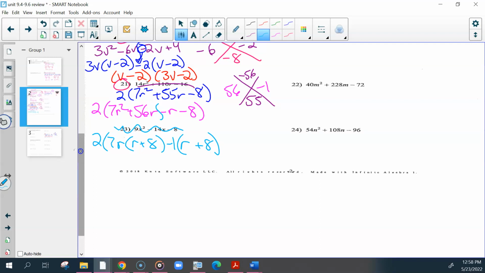So what would our final answers be? R plus 8 and 7r minus 1, and the 2 would go out the front.